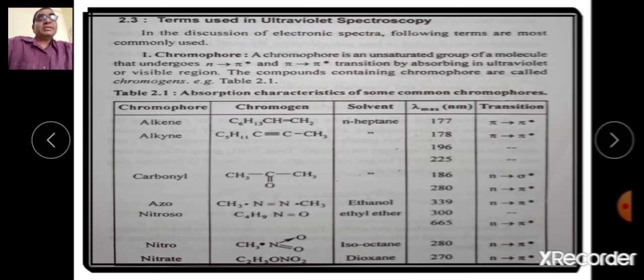Now here a table is given: what is a chromophore, that is, which group is a chromophore group, what is the compound, that is the chromogen, in which solvent it absorbs the wavelength, and what is the type of transition. Of course, unsaturation must be there, and therefore the first unsaturated compound is alkene, that is an olefinic bond, a double bond, C6H13 CH double bond CH2.